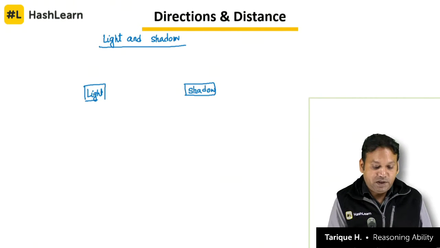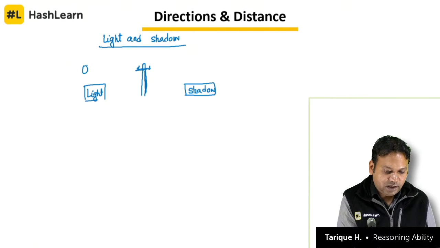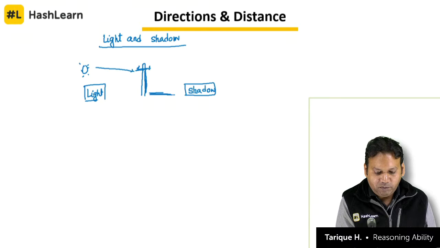Suppose this is an object here, some kind of electric pole, and we have the sun on this side. So light is coming from this side, the shadow of the electric pole will always go in the opposite direction.